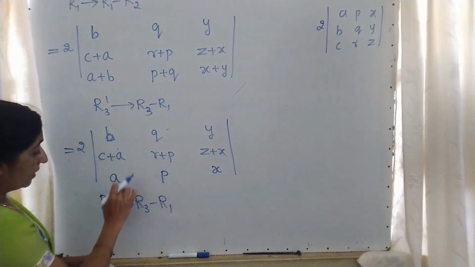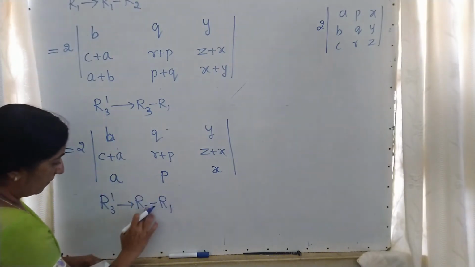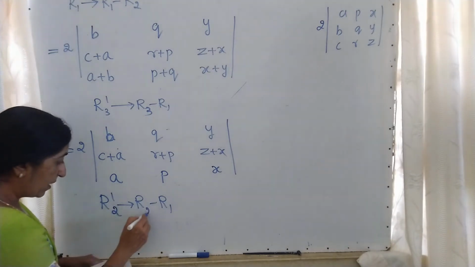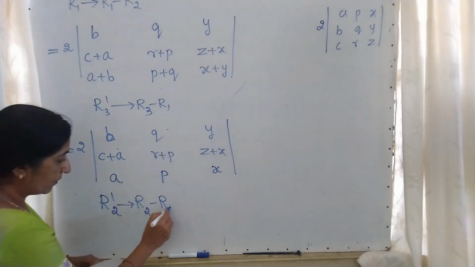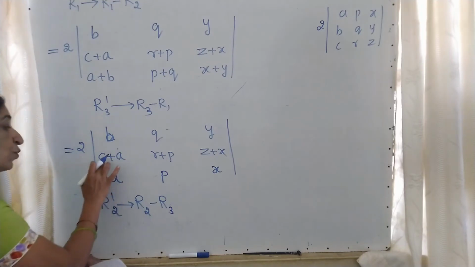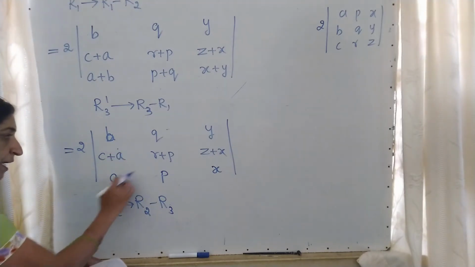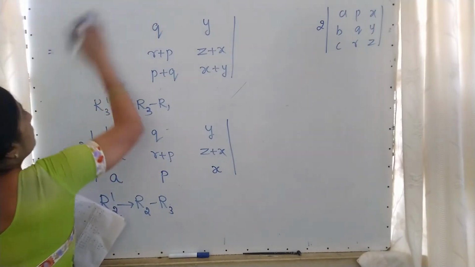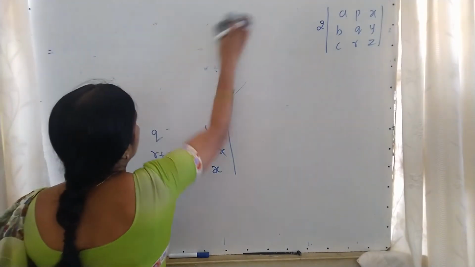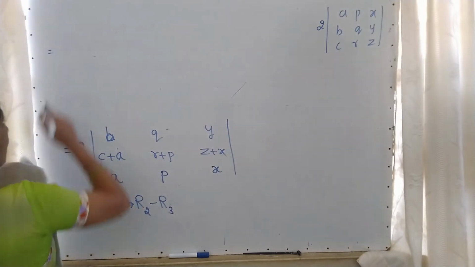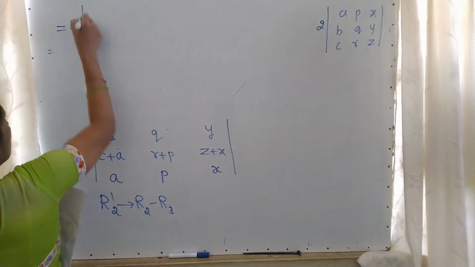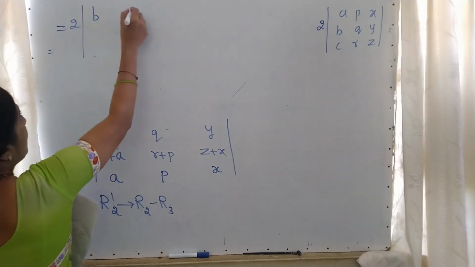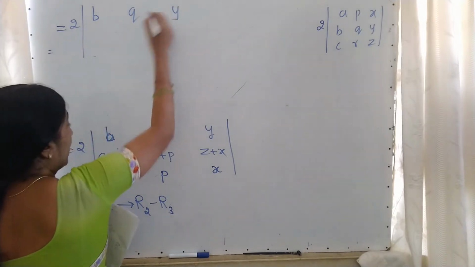R3 minus R2, sorry, R2 minus R3. I'm really sorry. R2 minus R3. A gets cancelled, P cancels, X cancels. So it is 2, this is B, Q, Y.